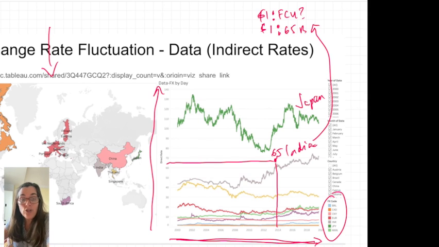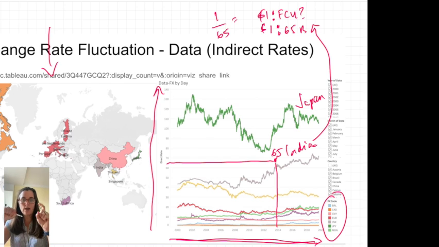I could state that 65 as a direct rate, and what I would do is 1 divided by 65 and I would get a fraction. I have a whole separate video on direct versus indirect rates. For now, I just want to point out that either one, direct or indirect, is an exchange rate. What the data here shows is how much of one currency can get me another currency.